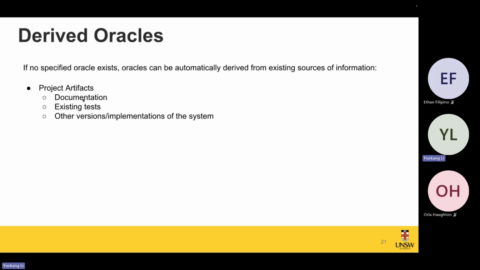Normally we can use documents, existing tests, and other versions of the same system. We can also try to observe this information from program executions, and we can try to detect some invariants. We can also try to mine some specifications automatically.